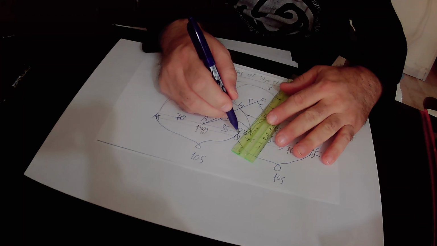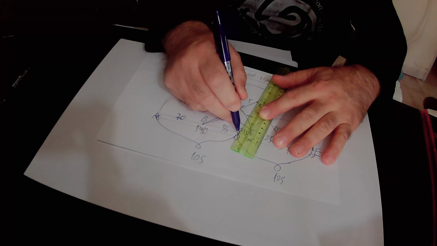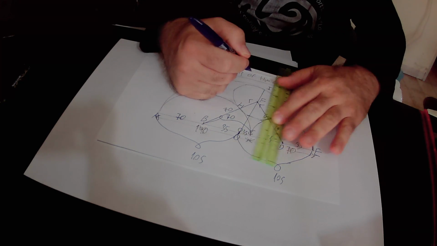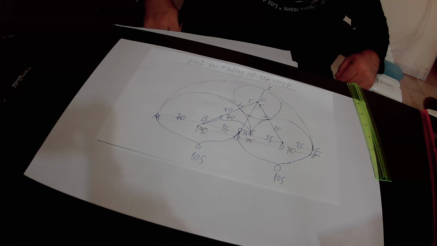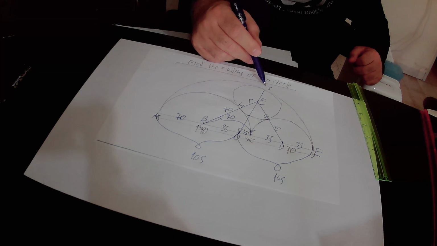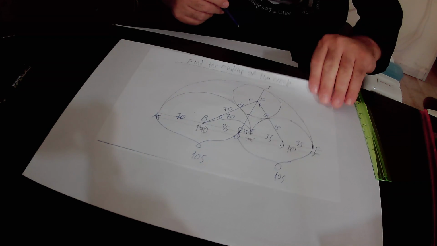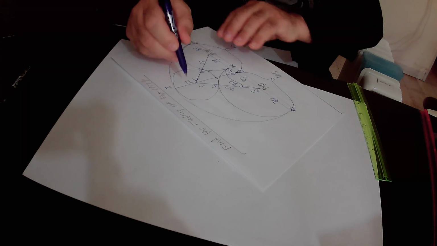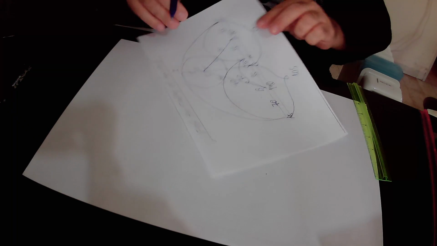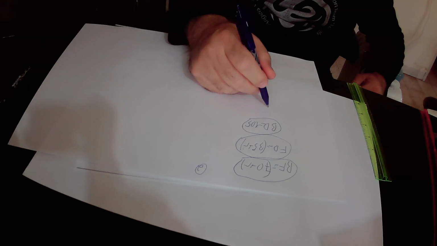So F is the center of this circle, I is a point on this circle itself, therefore FI is the radius of this circle, that is equal to small r. So FI equals small r.